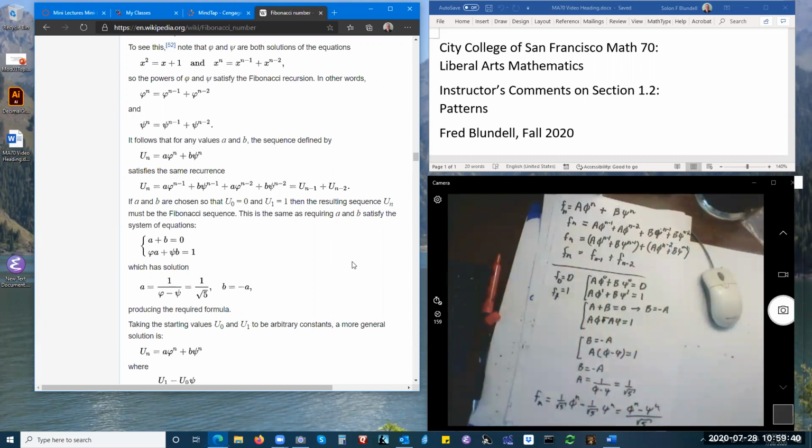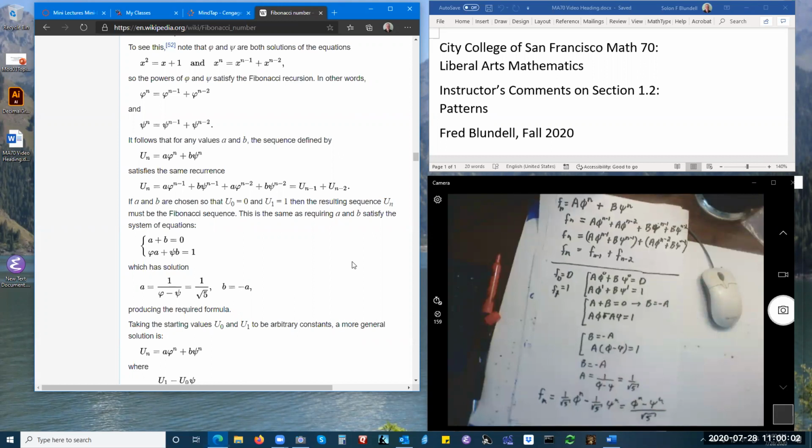And it's a similar kind of approach that also works for equations of motion in physics, where knowing the rule for how you go from one moment to the next sometimes lets you work out a formula for where you'll be at any time. Okay, that's it for this topic.